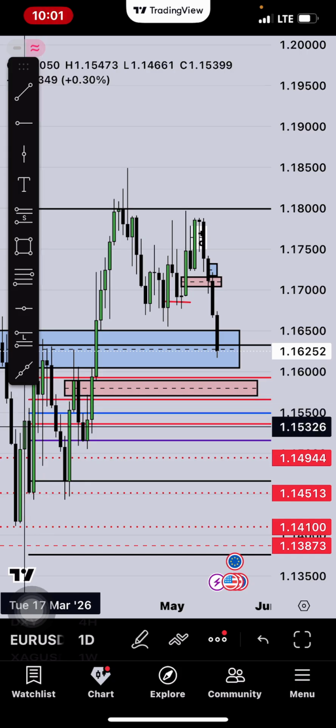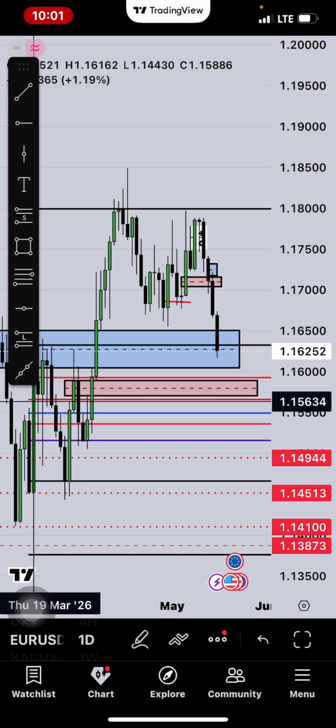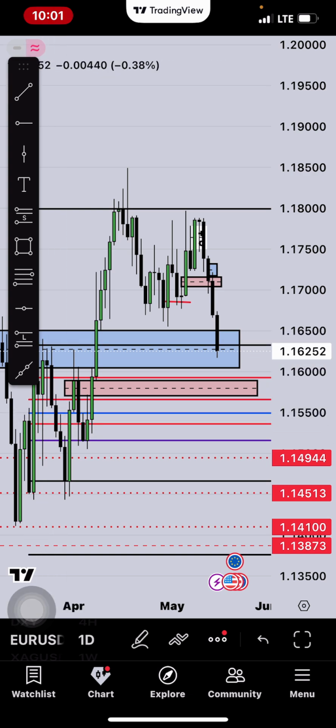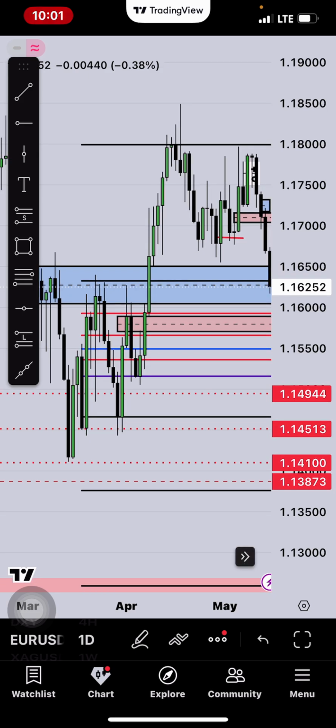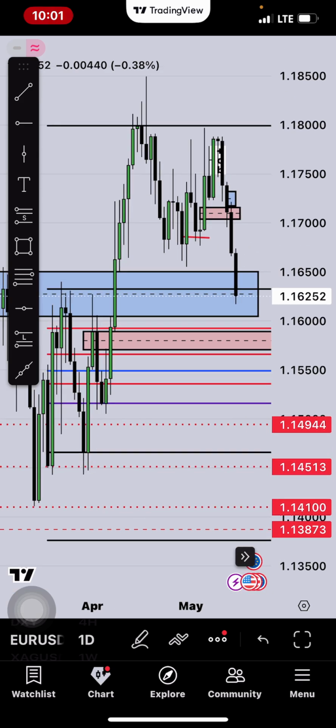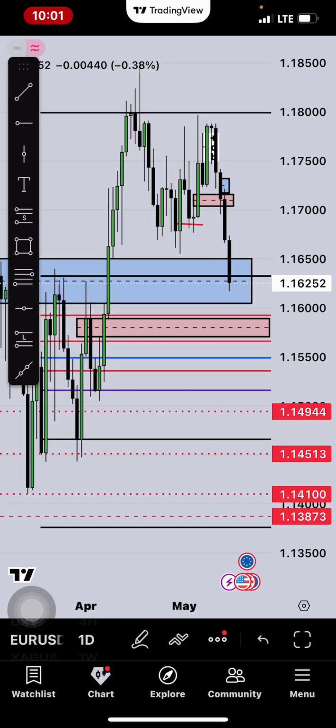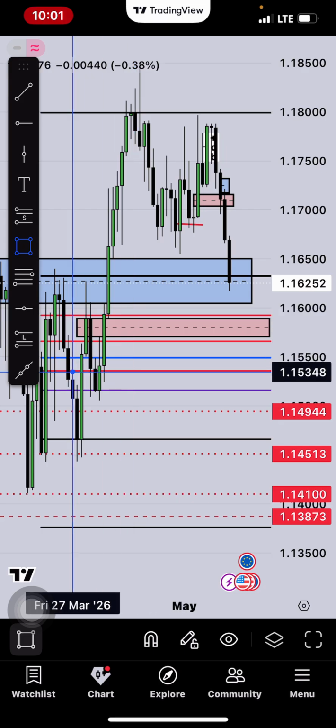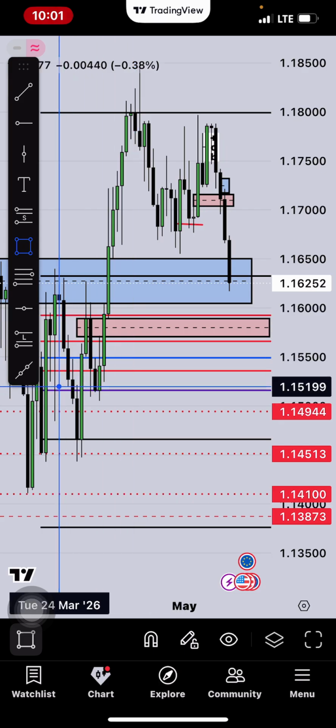The 79 is right there, and the 79 is right on the fair value gap that sent us higher. If we draw it now, you see that it's right there. There is a fair value gap that sent us higher. I will take all this off.